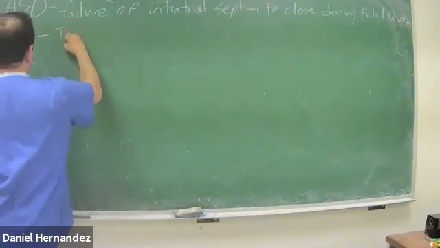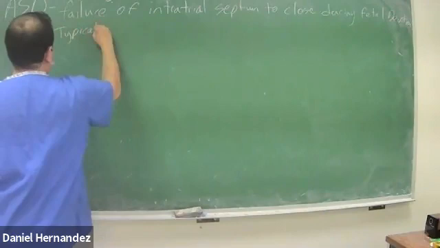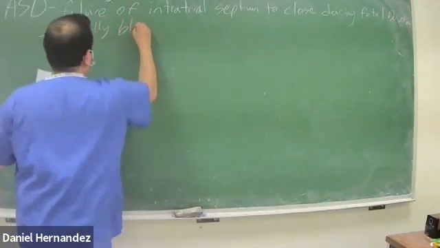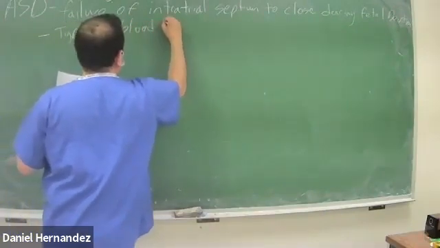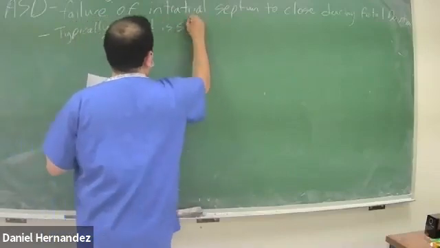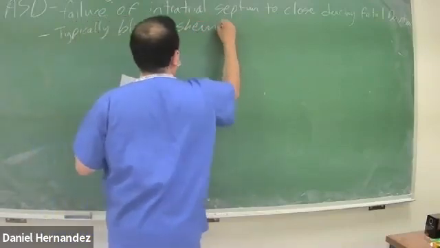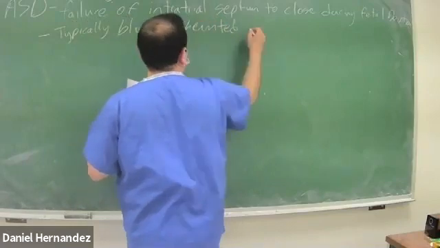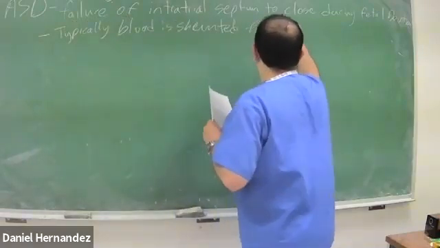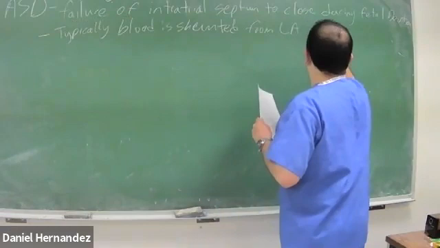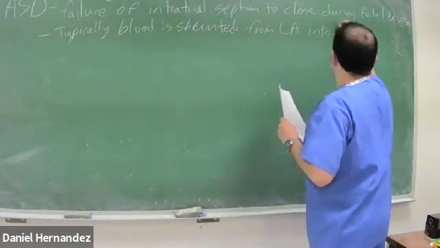Typically, blood flow is shunted from LA into RA.